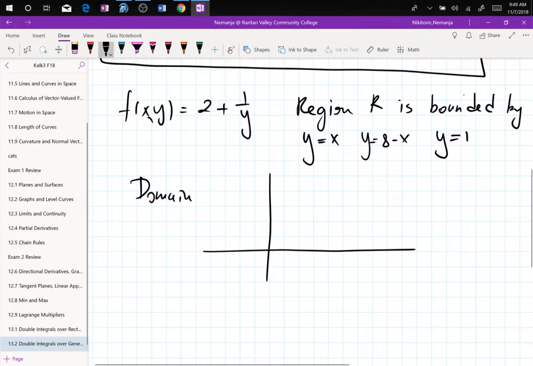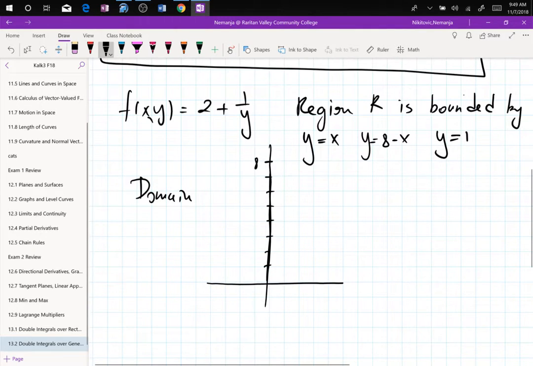I have, oh, come on, 8 minus x. So I gotta go all the way up to 8 here. So let's say this is 8, 7, 6, 5, 4, 3, 2, 1, and finally the x-axis. All right, I guess the engineering rule of draw big prevails over here.